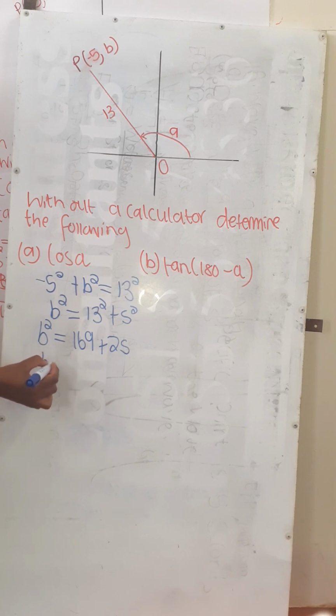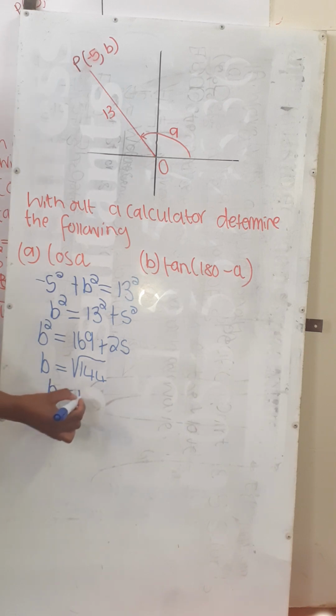So b equals root 144. We square root to get rid of that square, and then b equals 12. So this is the value of b.